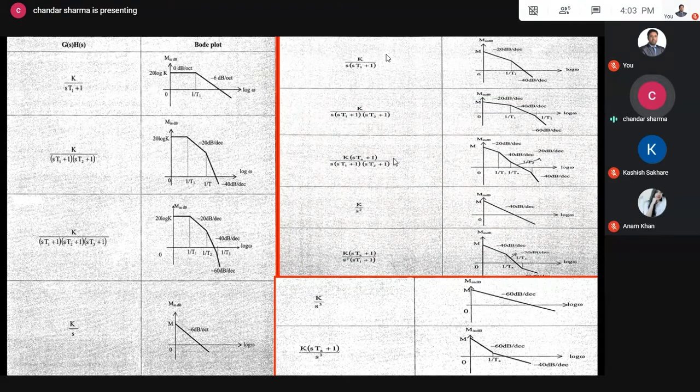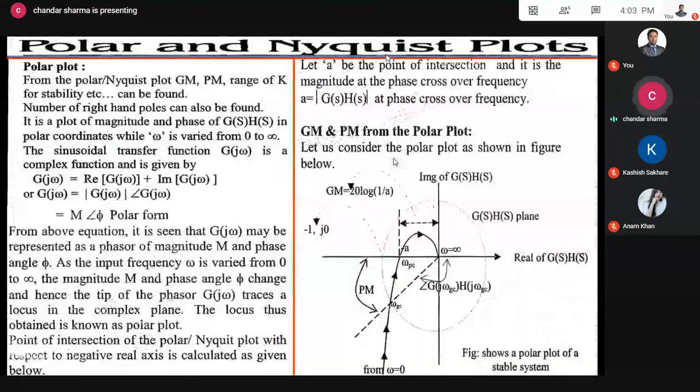Now next we have to see the polar plot. This is again in the category of frequency response. The polar plot is the locus of magnitude |G(jω)| at an angle of ∠G(jω), as ω is varied from 0 to infinity.